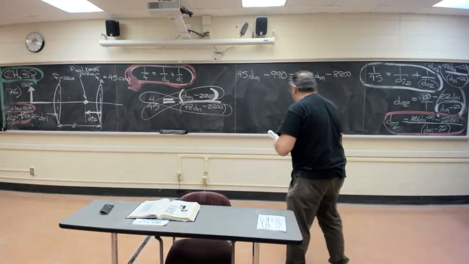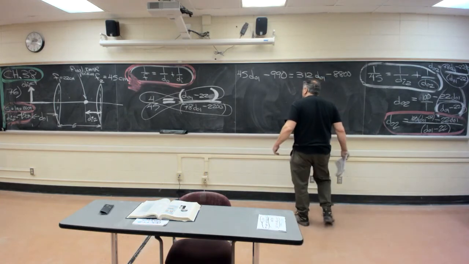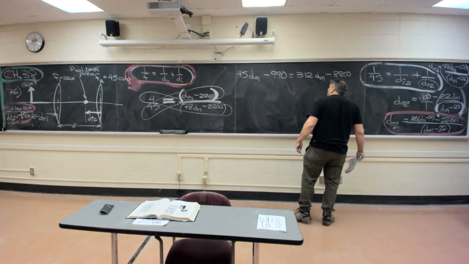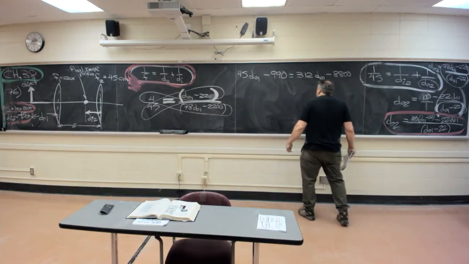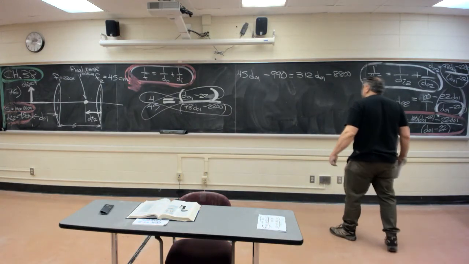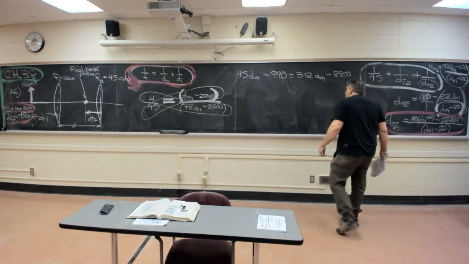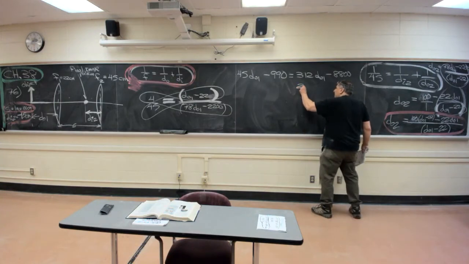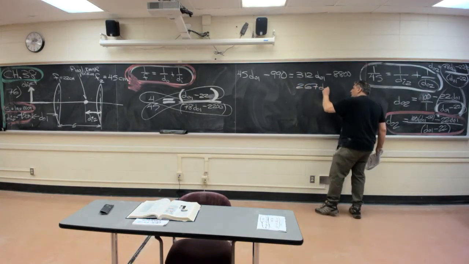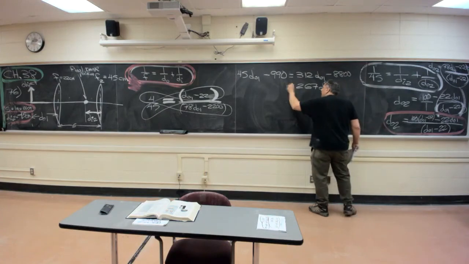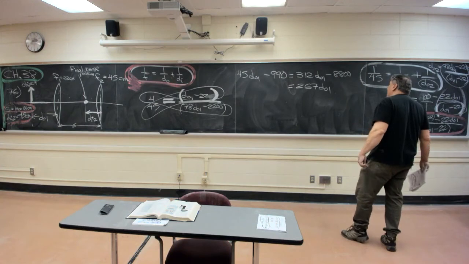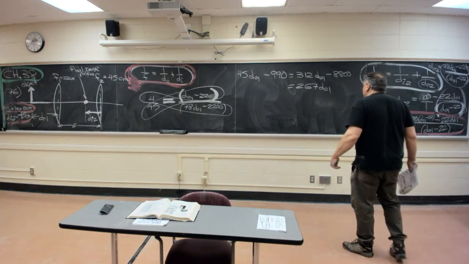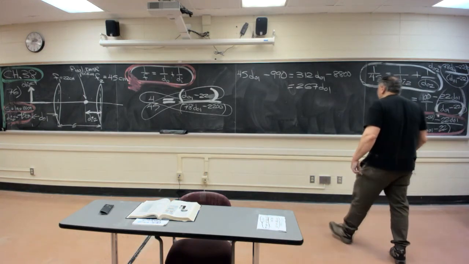Keep doing the work here, guys. Subtract 45 DO1 on each side, and here I got 267 DO1. Add a positive 8,800 on each side, I'm sorry, and that's going to be 7,810.